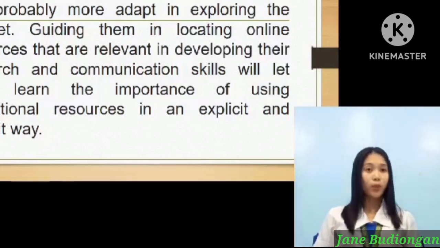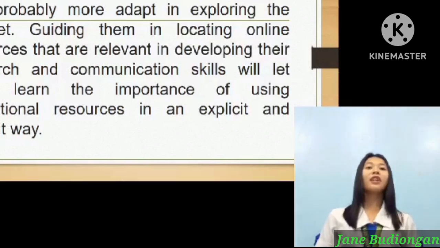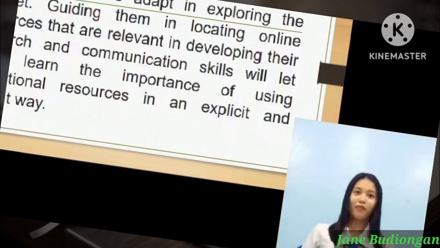So we should always put in our mind that as students, we will use the internet or technology for educational resources because we can gather information which is useful for developing our studies, research, and communication skills. To get benefited from the internet, the students should always have proper browsing of it. That's all about the role of technology.